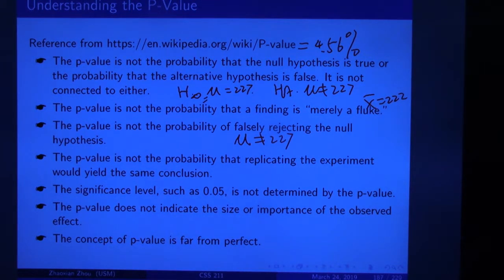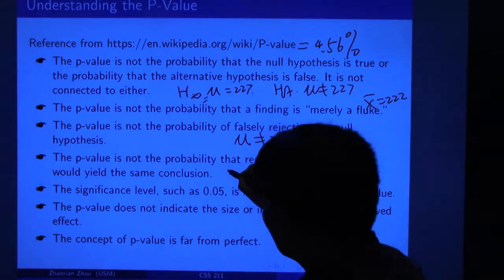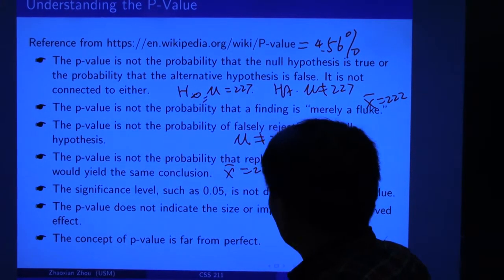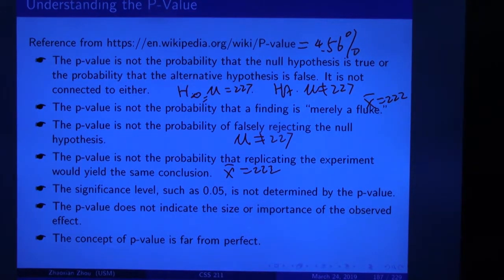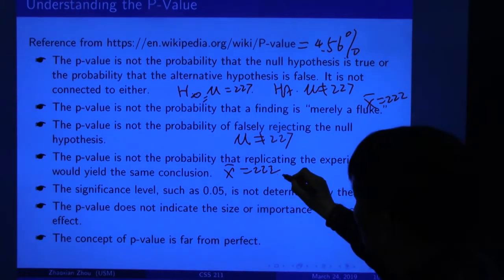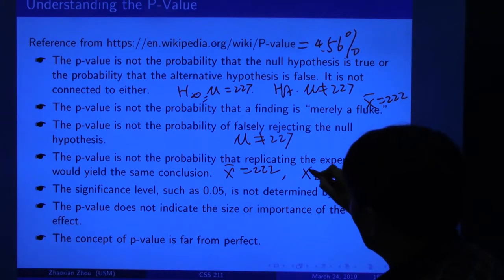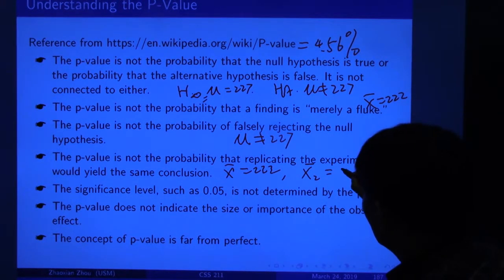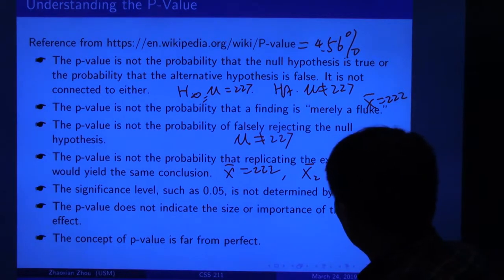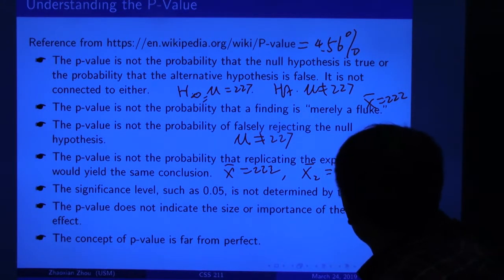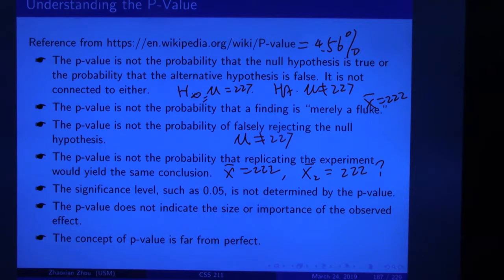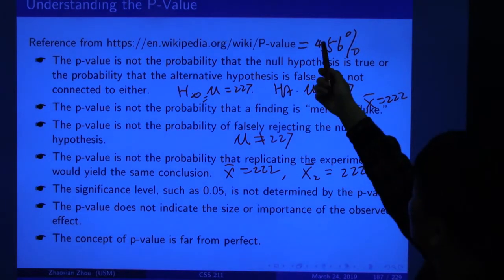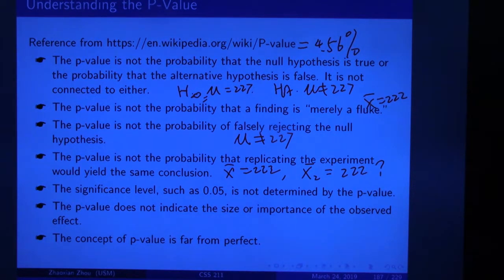Next, the p-value is not the probability that replicating the experiment would yield the same conclusion. Here, the first sample gives a mean of 222. If you make another sample, x bar 2, what is the probability that this one still equals 222? We said, okay, that probability equals 4.56%.